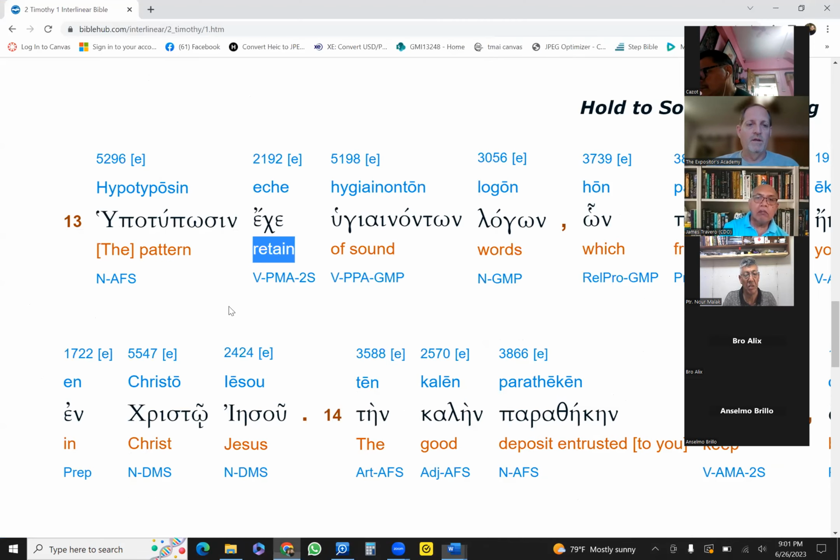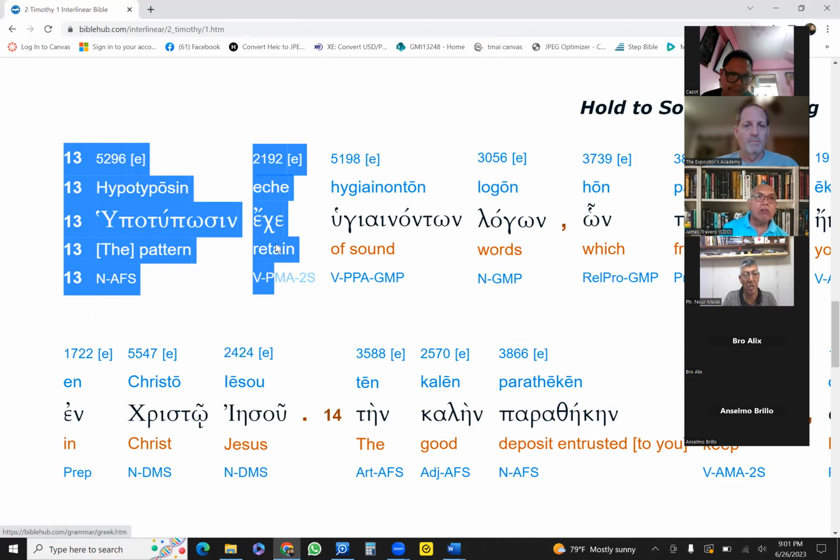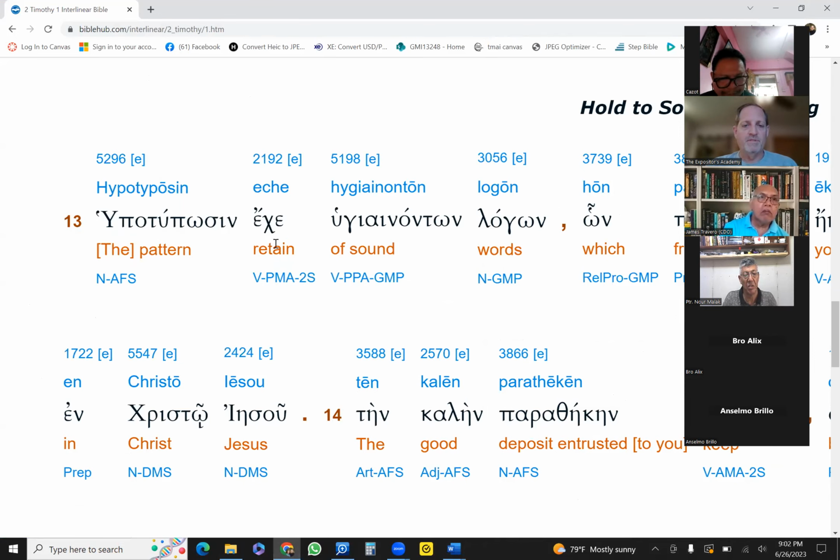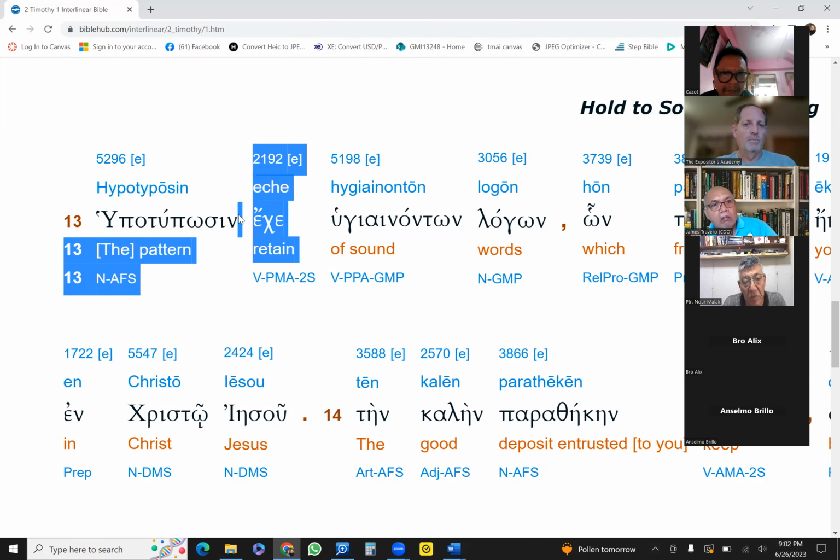And you'll just see, as we looked at here, just the verb here, retain, there's no preposition here. There's no preposition in Greek. Now, there is of sound. Of is a preposition, but that's not part of the verb here. There's no preposition to around here.